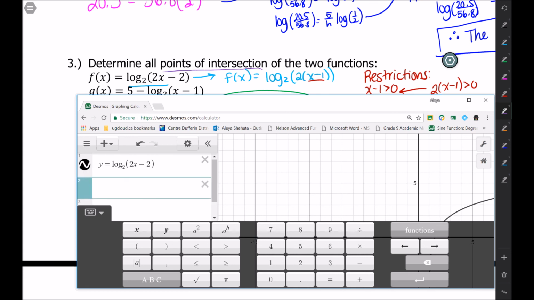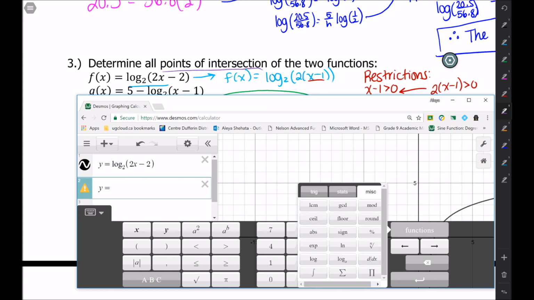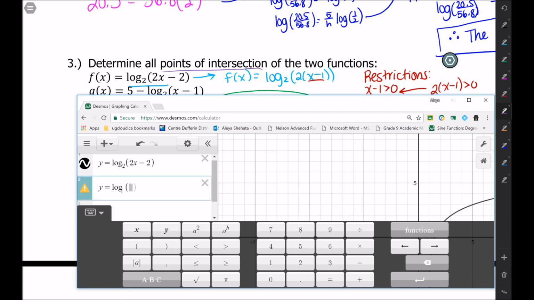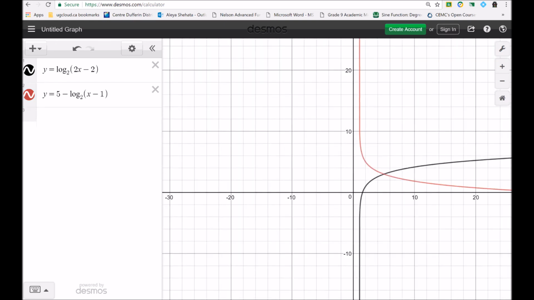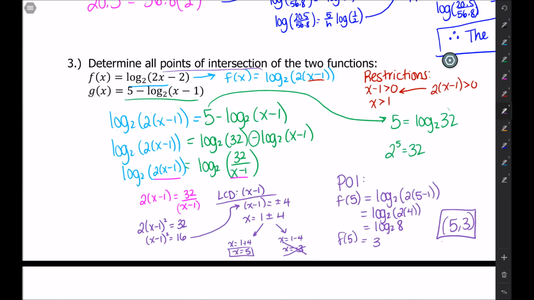And then my second one is going to say y equals, sorry, we'll put 5 in first, 5 minus log base 2 again of x minus 1. And then I'm just going to see where their point of intersection is. And their point of intersection is at 5, 3. And there's no negative 3 point of intersection because that's restricted for both of those. And that's my final answer.